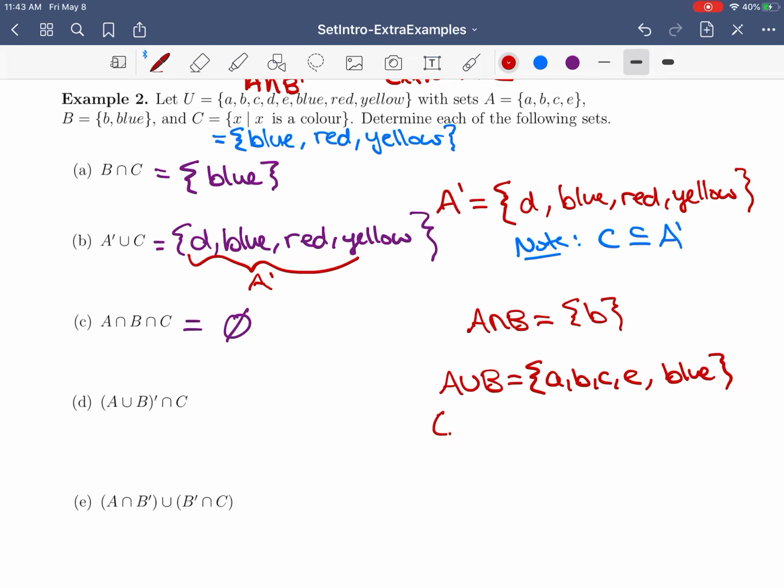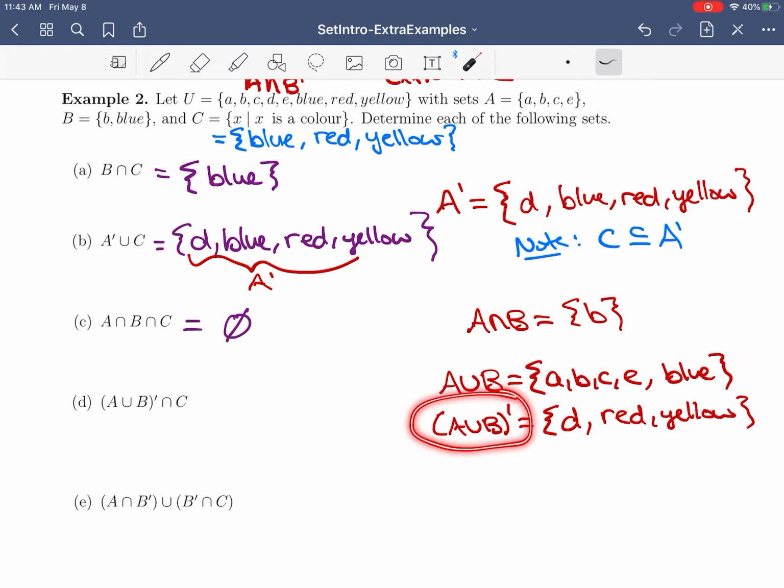So then the complement of this is going to be, so what's missing? D, the letter D, and the colors red and yellow. Okay, so now I want to intersect that with C. So what does this set have in common with C? Well, that's just going to be the colors. So we're going to have the set containing the colors red and yellow.